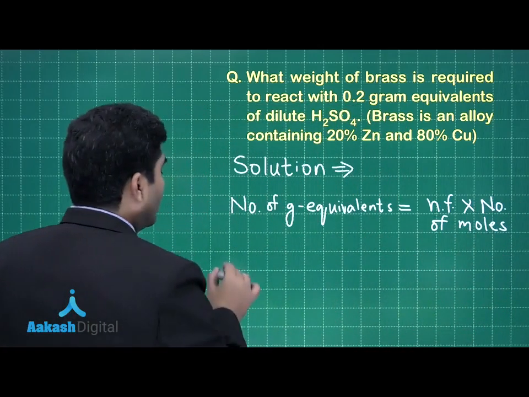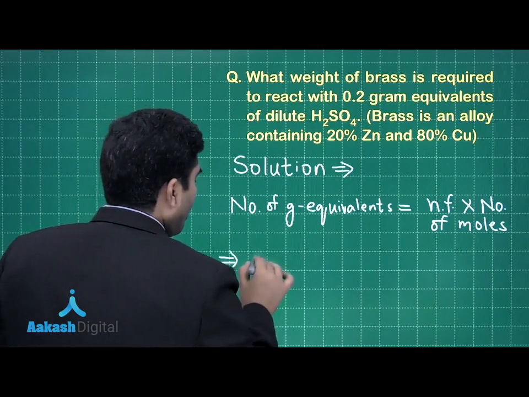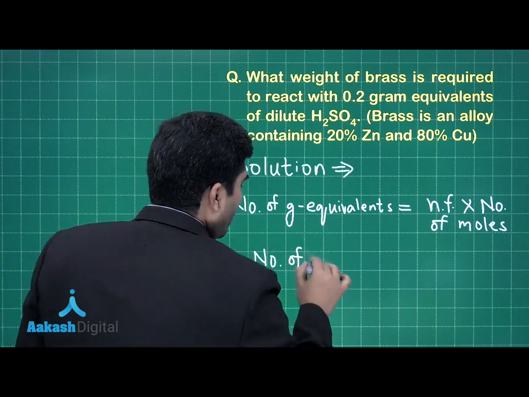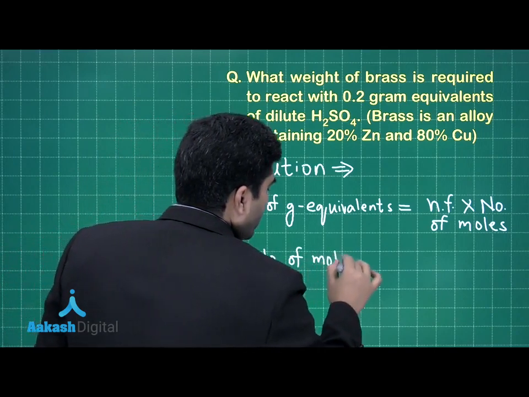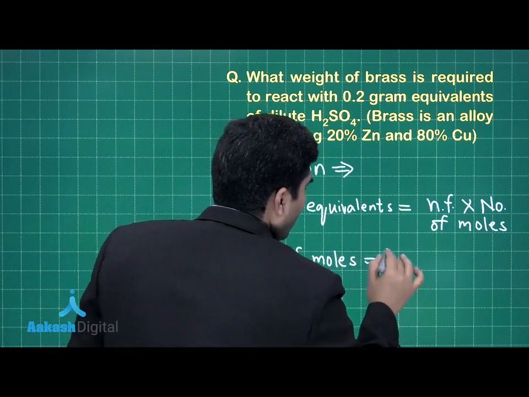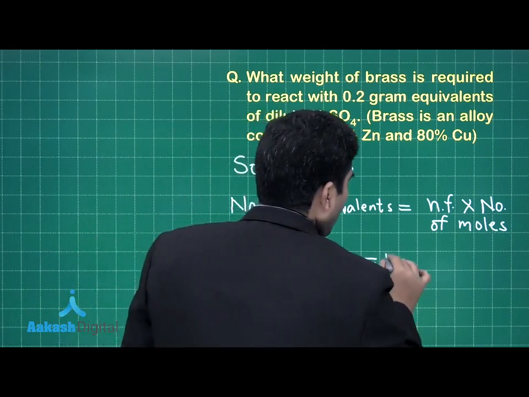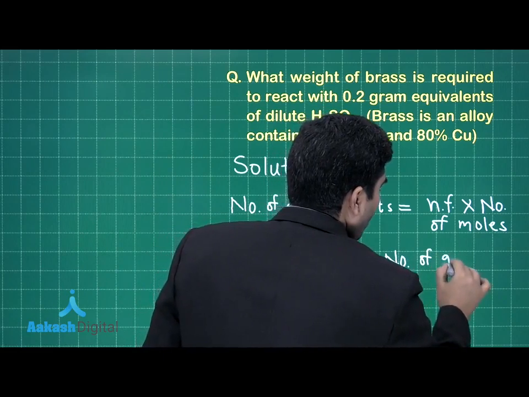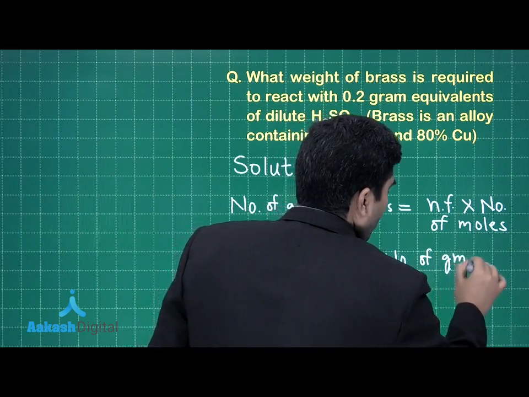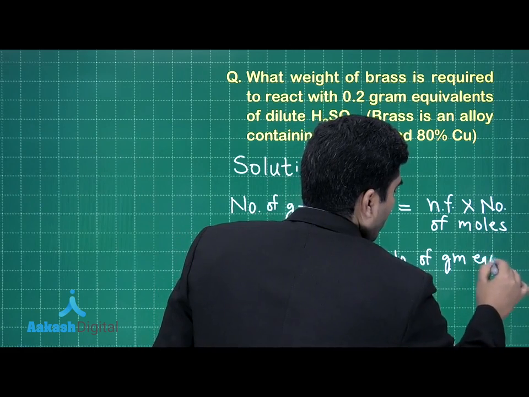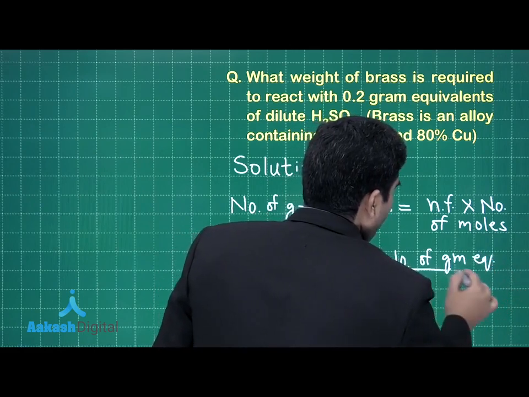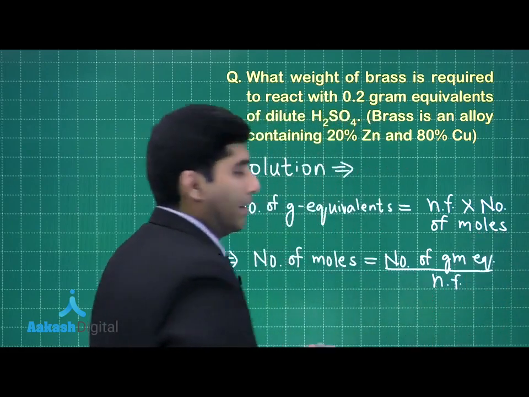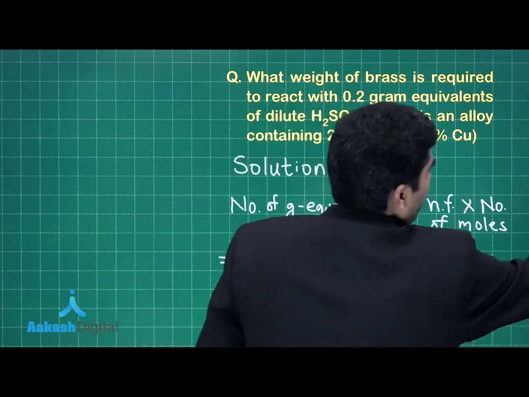Or we can say that the number of moles is equal to the number of gram equivalents divided by the n factor, right?